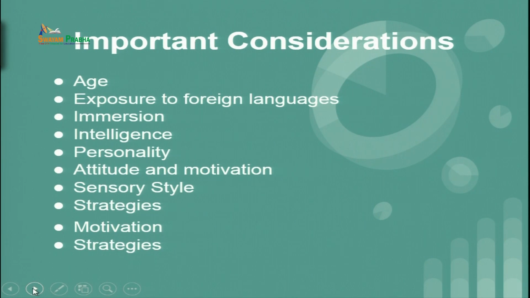This idea will make an educator an inclusive one, and it will promote the concept of a learner-centered class. There are some important considerations that I would quickly go through. First is the age of the learner, because it will determine whether the learner is old or young, and in that way you will be able to understand whether this language is going to be processed as learning or acquisition.